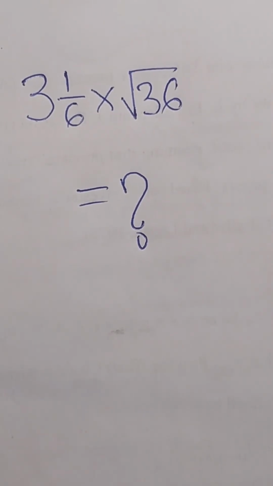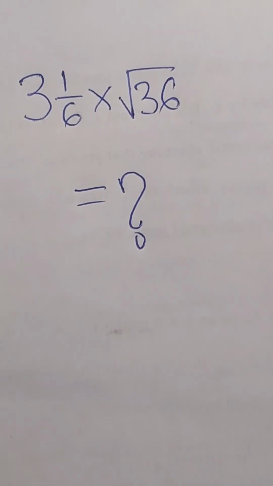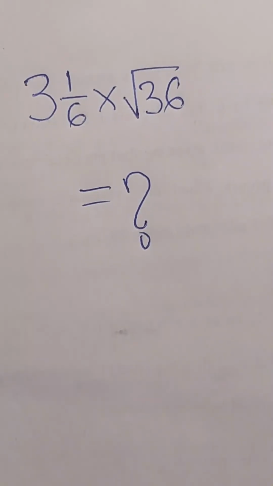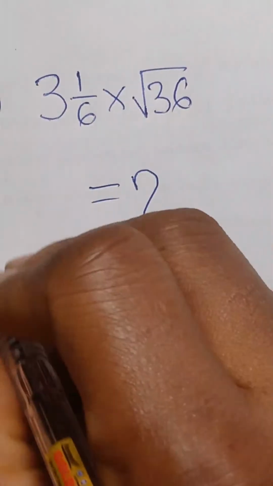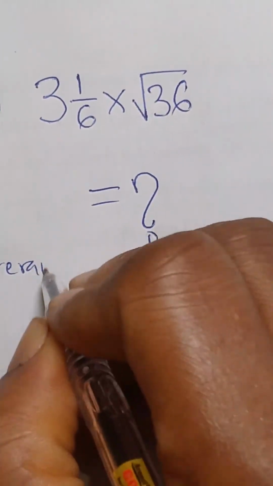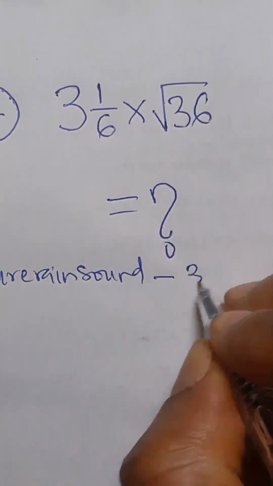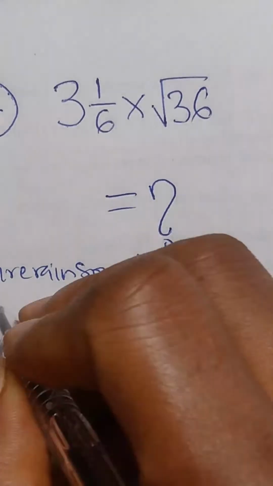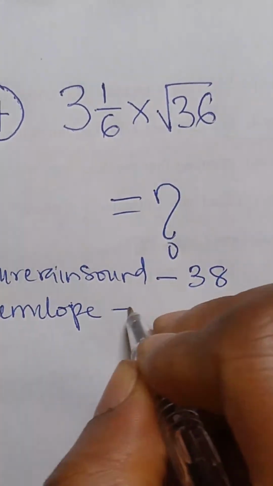So if you know the answer, you comment your answer. It's for everybody. Okay. Thank you for commenting, Temitope. All right. Pure Rain sound says 38 and Temitope 10.